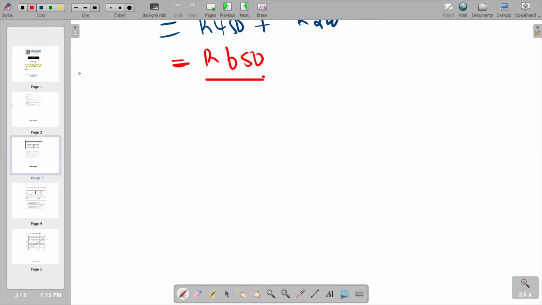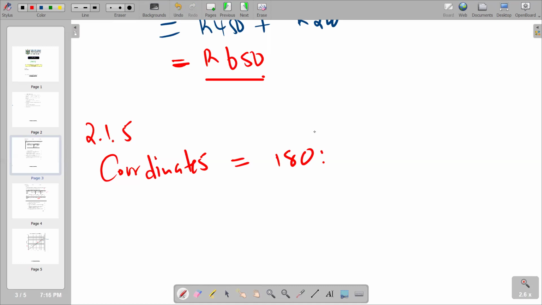this is now our question 2.1.5, whereby we are saying the coordinates are equal to 180, 1,170 rands.